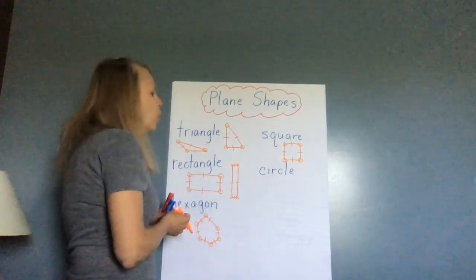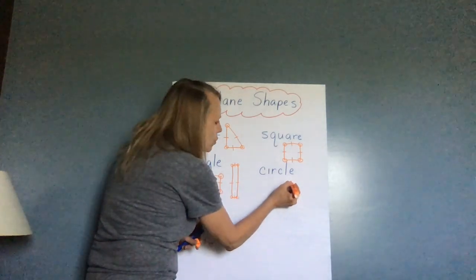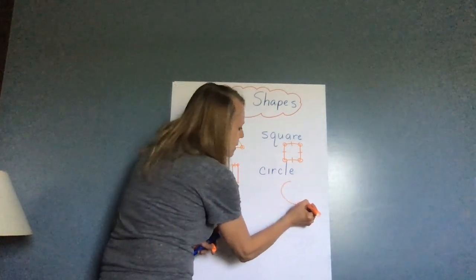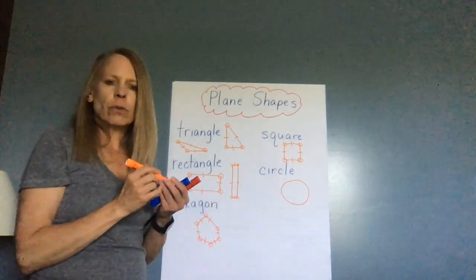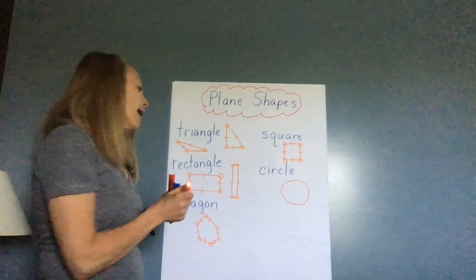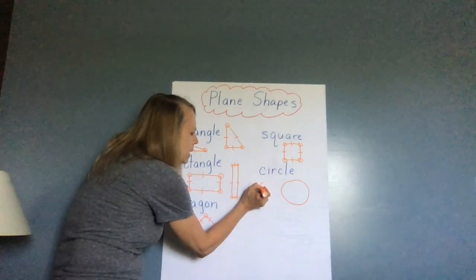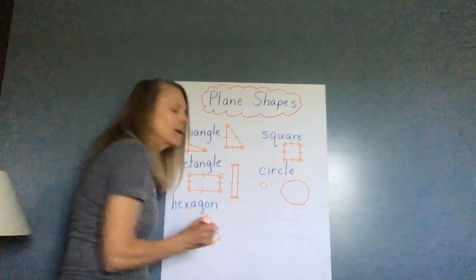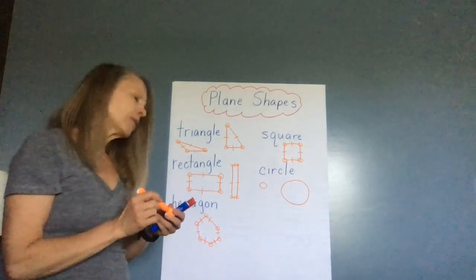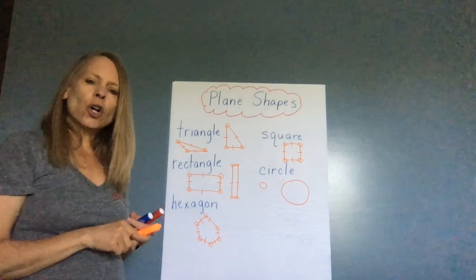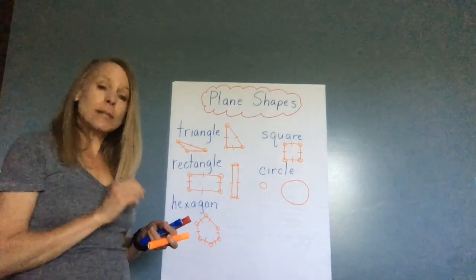Okay, when I look at a circle, it has no sides, no corners. No sides, no corners. And it can be any size, but it has to have no sides and no corners. So again, these are called 2D shapes.